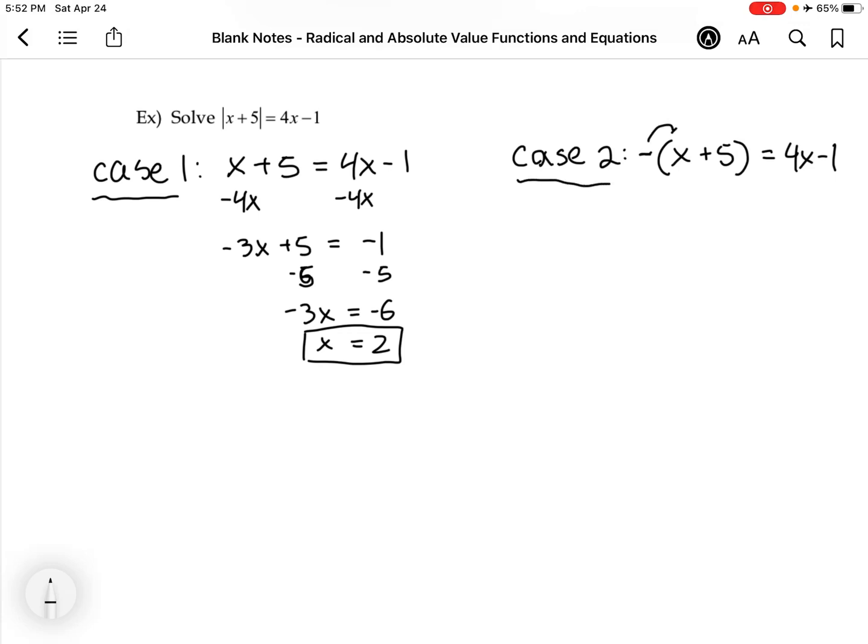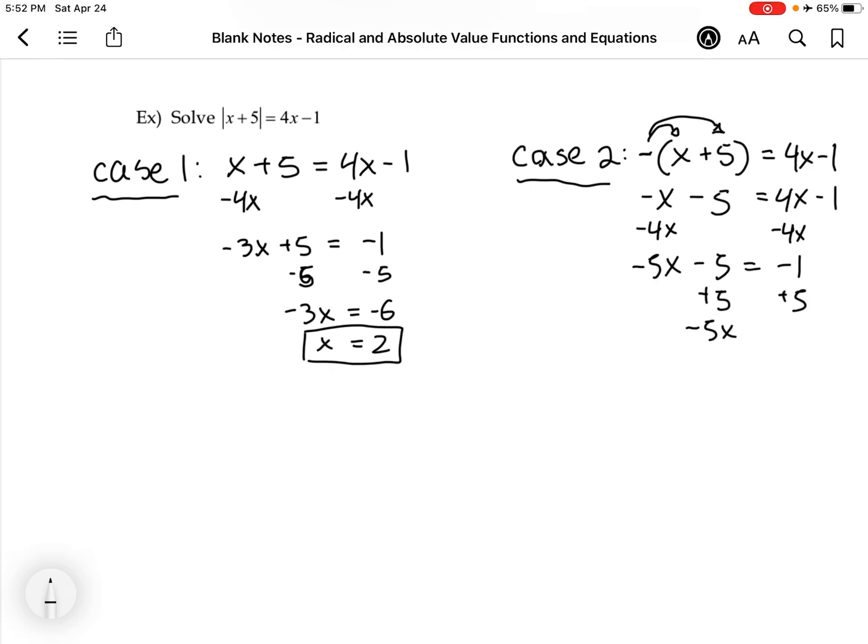So I'm just going to distribute the negative sign, and I'm going to get negative x minus 5 equals 4x minus 1. And I'm going to solve it very similarly to the last one. So I'll subtract 4x and I'm going to get negative 5x minus 5 equals negative 1, and then I'm going to add 5, and I get negative 5x equals 4, divide by negative 5, and I get that x equals negative 4 over 5, or negative 0.8.